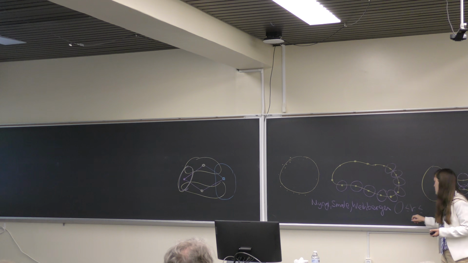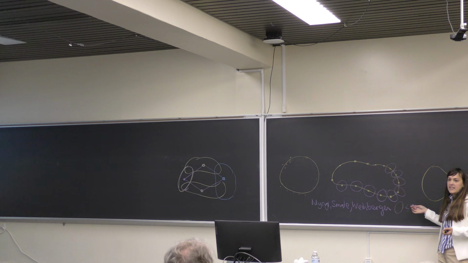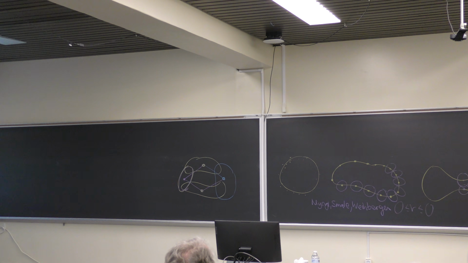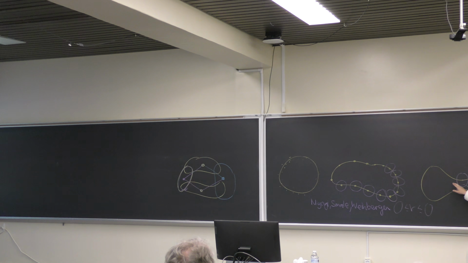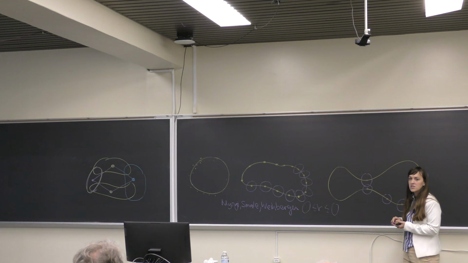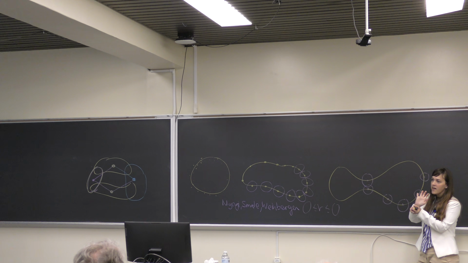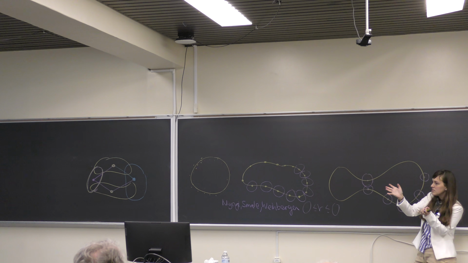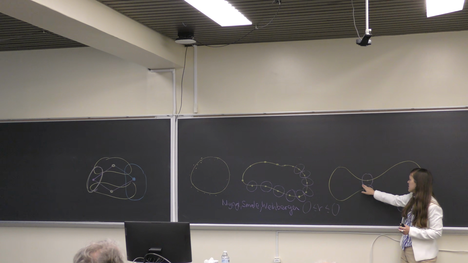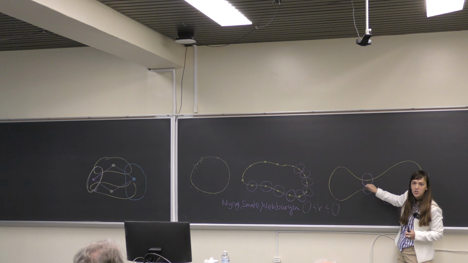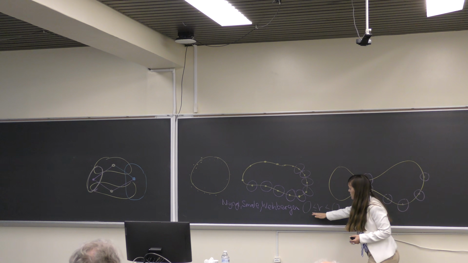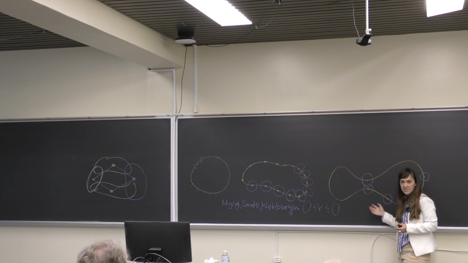The lower bound is given by the density: the sample has to be dense enough. The upper bound depends on what we call the reach, the distance to the medial axis. The medial axis has points that are equidistant to at least two points on the manifold. So for example, here the issue would be that R is bigger than the reach. Anyway, there is an upper and lower bound in the case of balls.